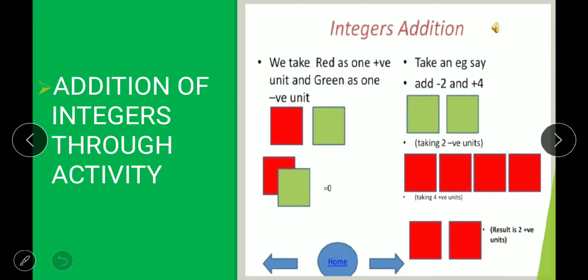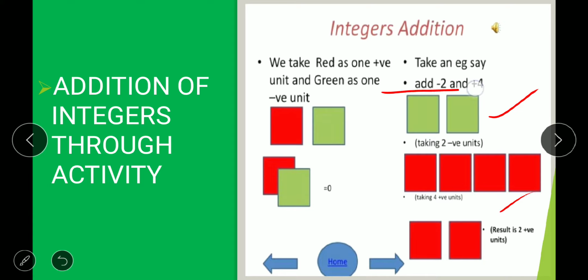And here we have a small activity to add any integers. Integers can be positive or negative numbers. So for example, I am going to take these green cards as my negative numbers and red as positive numbers.